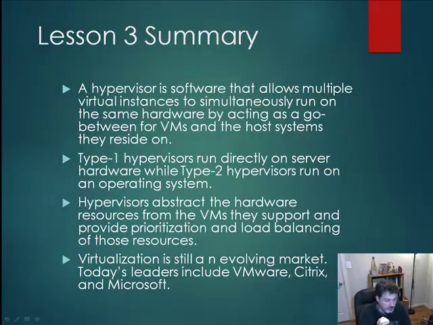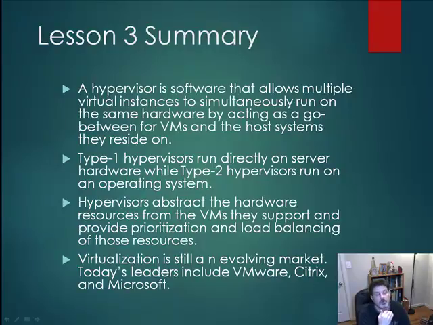Both serve very integral, very important niches in the IT infrastructure. So don't think that one is better than the other and we should just never use the other. They both have a place in how we do things in IT. Hypervisors abstract the hardware resources from the virtual machines they support.